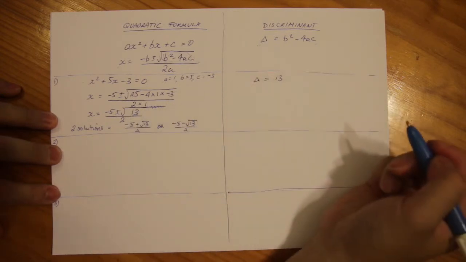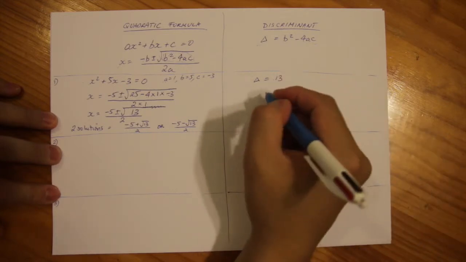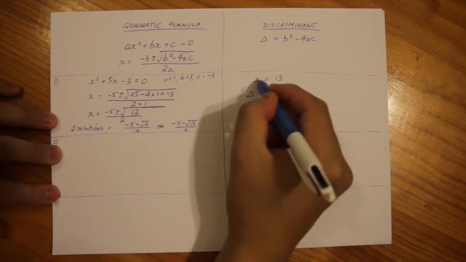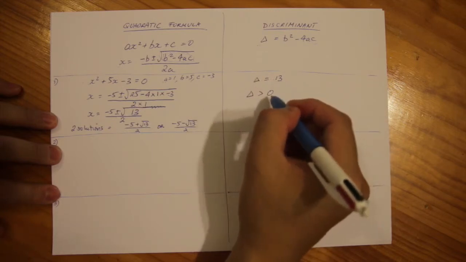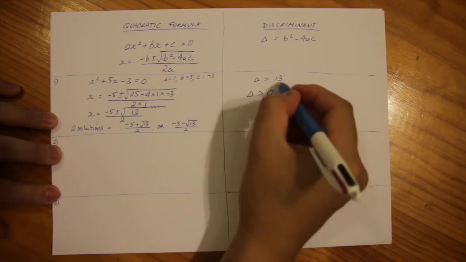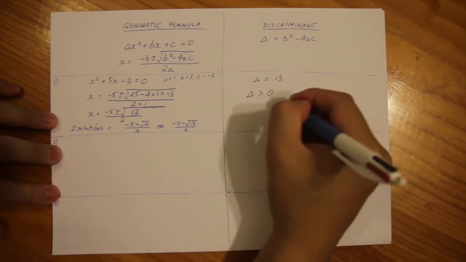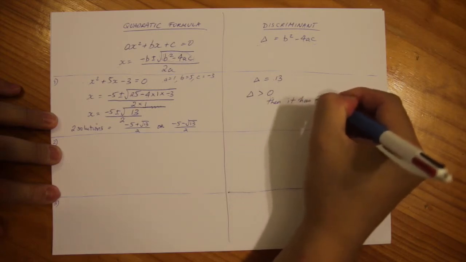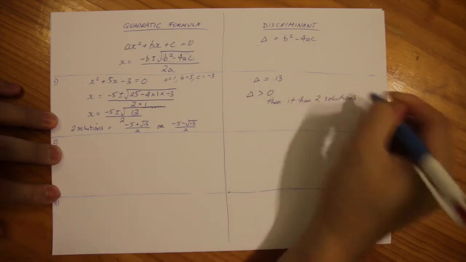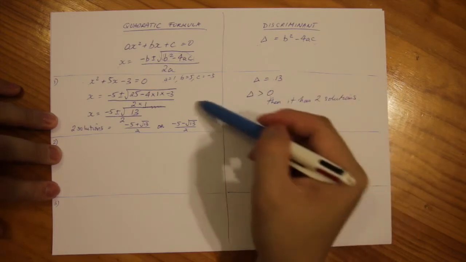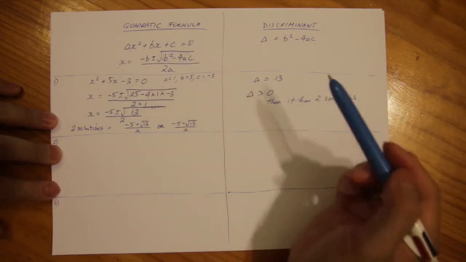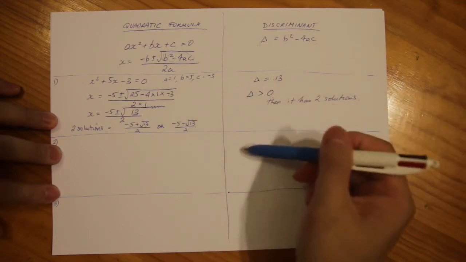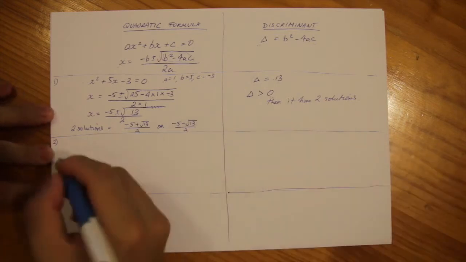Because this is greater than 0, if your discriminant number is greater than 0, then it has 2 solutions. This is a really good way to check if this equation is possible, if it does provide a solution or not, and we'll show you what the other two look like.